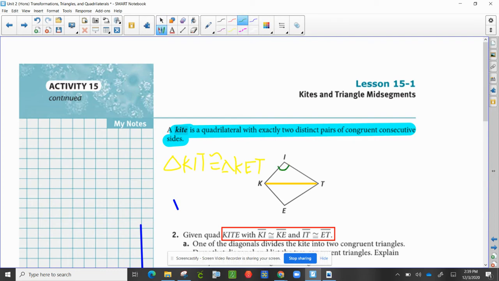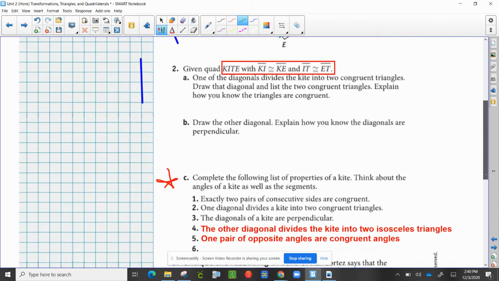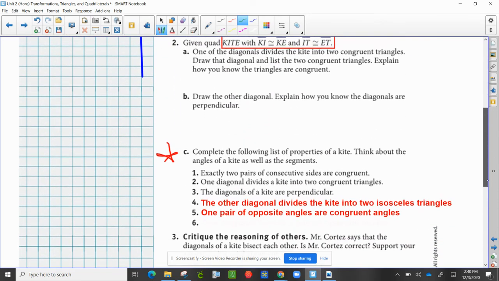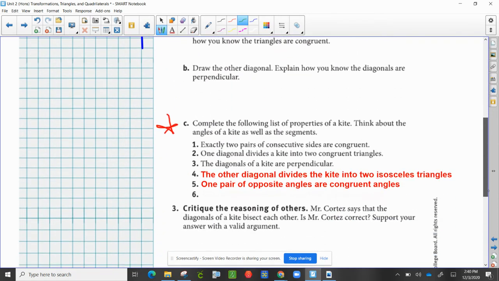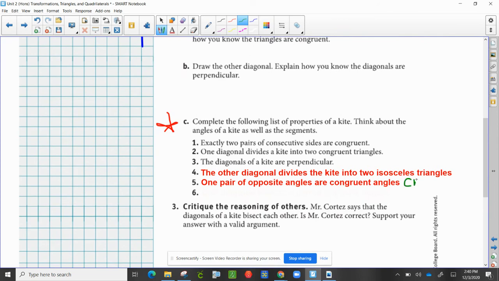So these opposite angles, angle I and angle E, have to be congruent in order to fit that criteria. That's what they mean by property 5, one pair of opposite angles are congruent. And again, that's because of our property with CPCTC. And that kind of goes along with number 2.